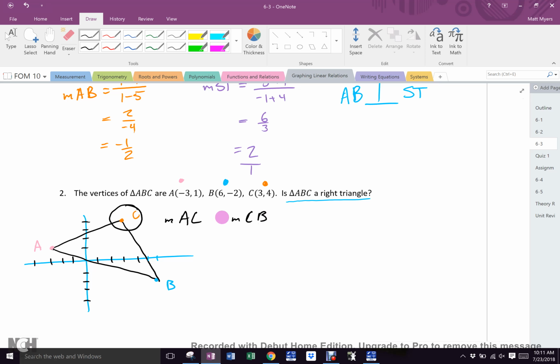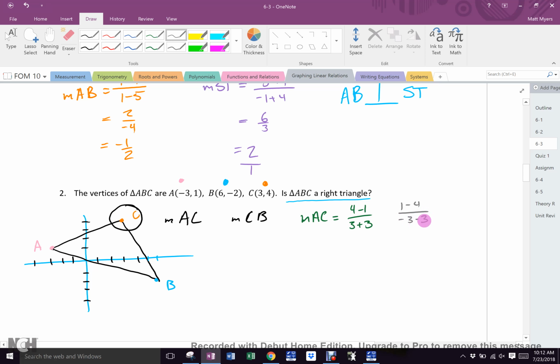Yes? So everybody practice. What is the slope of AC? Does order matter? No. Could I do 4 minus 1 over 3 plus 3? Is that okay? Could I also do 1 minus 4 over negative 3 minus 3?